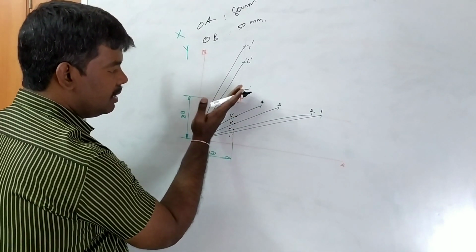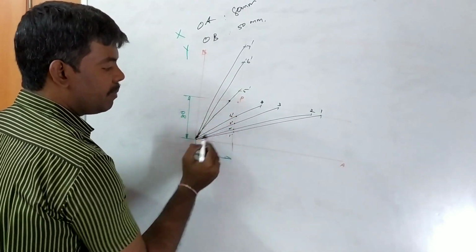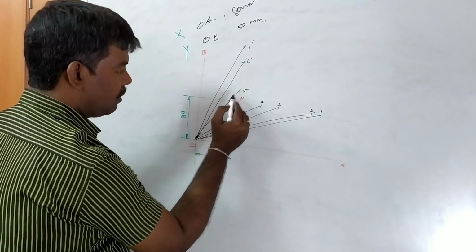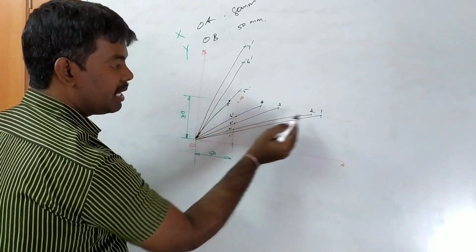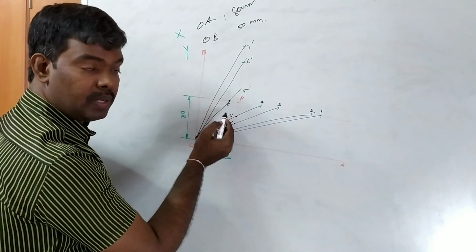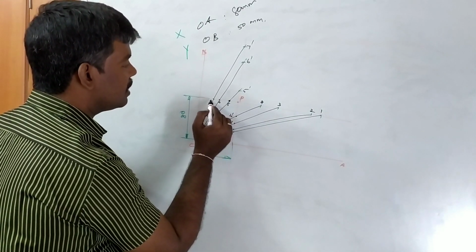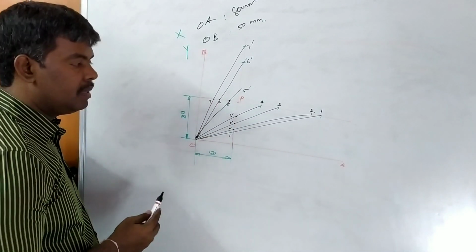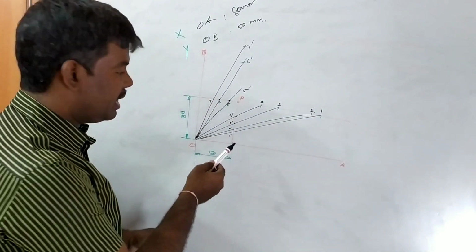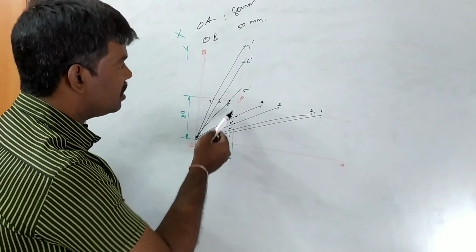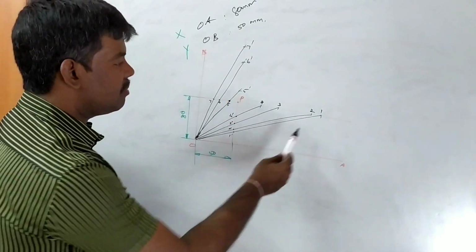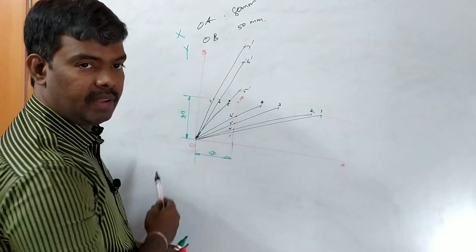Similarly, where O5 dash intersects the line parallel to the OA asymptote, I put 5, because horizontal numbers are without dash. This one is 6, this one is 7. Now we get 1 dash, 2 dash, 3 dash up to 7 dash, and similarly 1, 2, 3 up to 7.